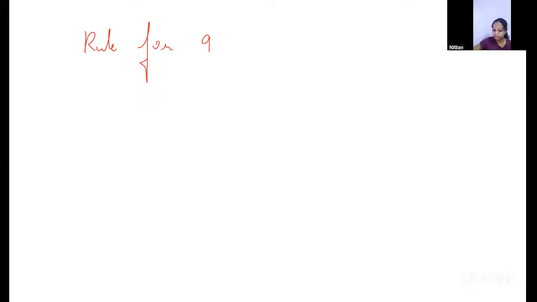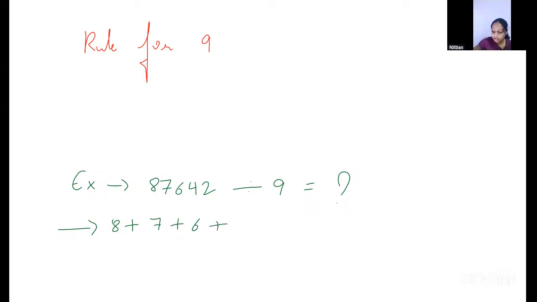For example, let's pick a number such as 87642. I want to know if this is divisible by 9 or not. So I will sum all the digits: 8 plus 7 plus 6 plus 4 plus 2.